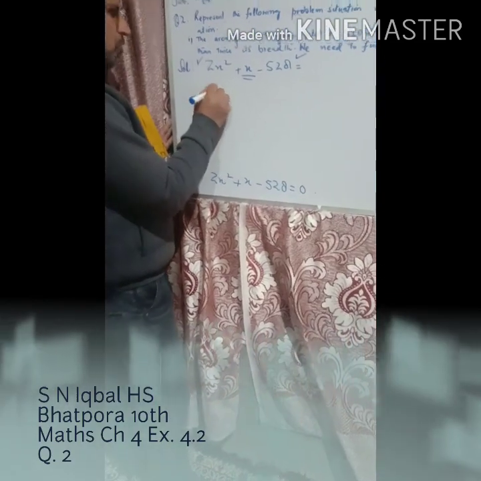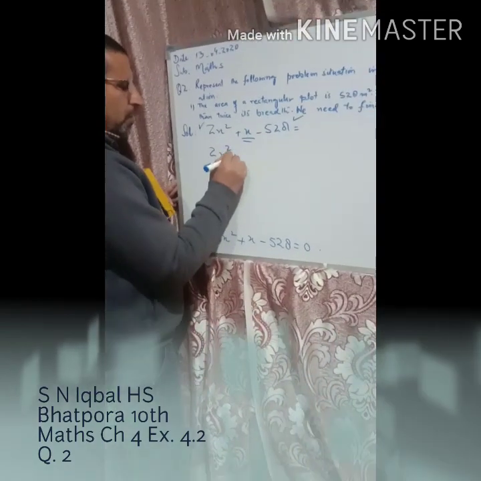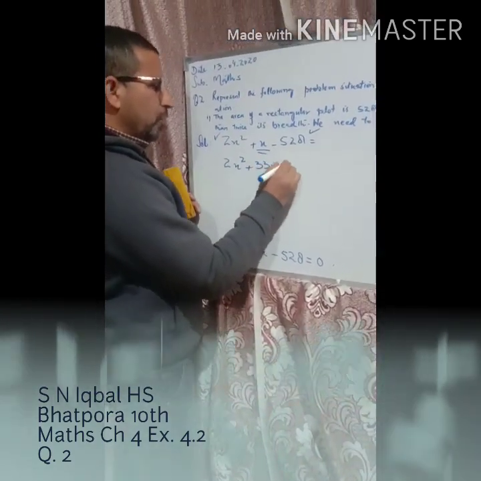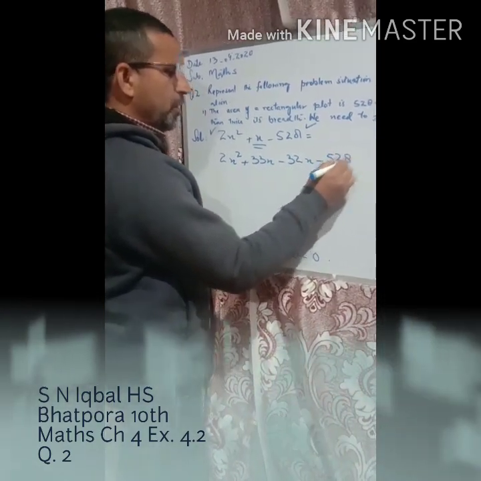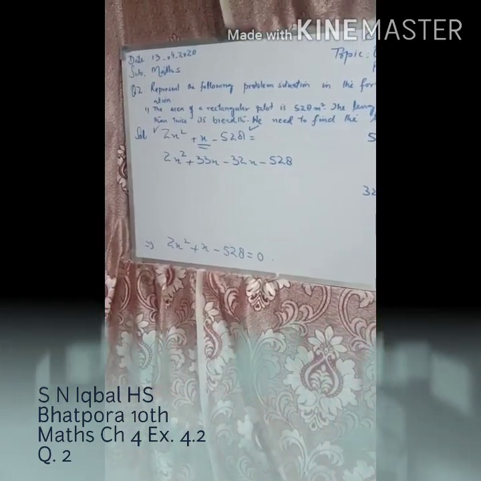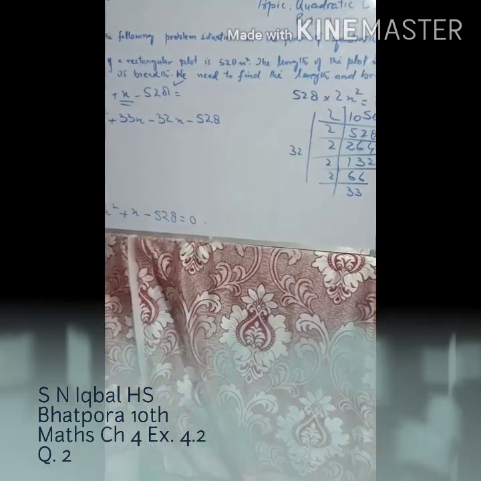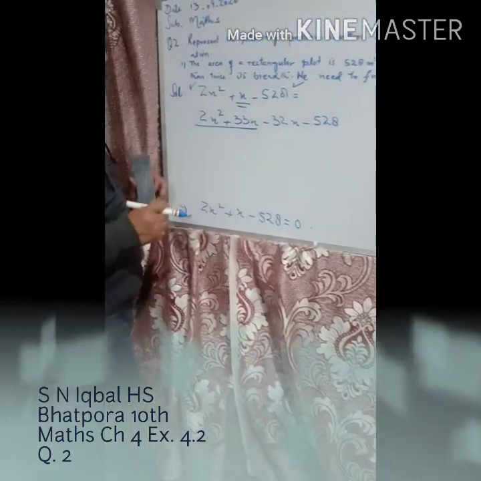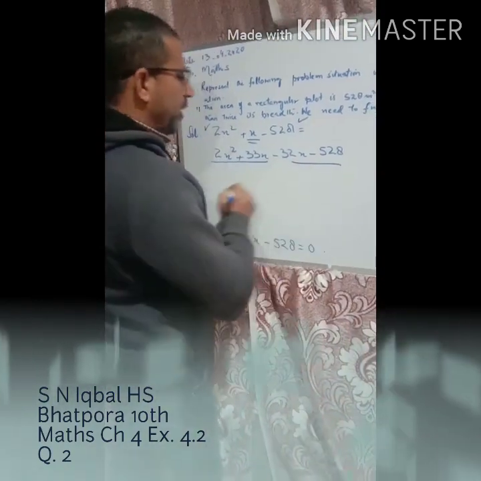So our equation would be: 2x square plus 33x minus 32x minus 528. So we shall see what is common in these two terms and in these terms.